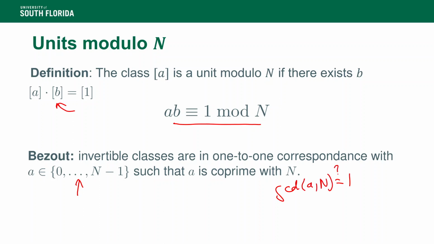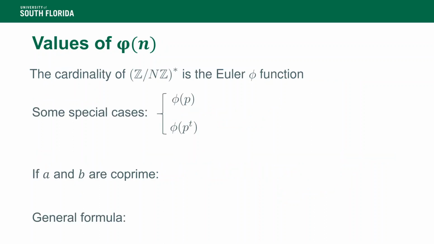Okay, if that's the case, we're dealing with an element who is a representative of a class that is invertible mod n. Now, we denote the group of classes that are invertible mod n by Z mod n Z star. Star is for the group of units, and the cardinality is the Euler function.